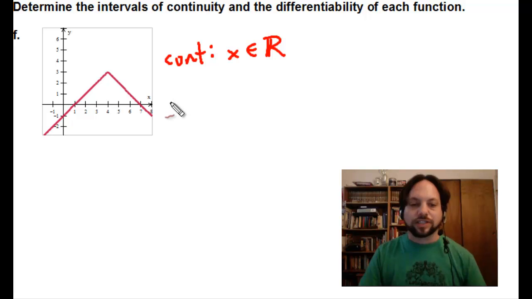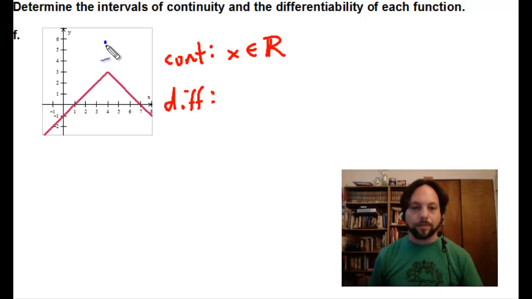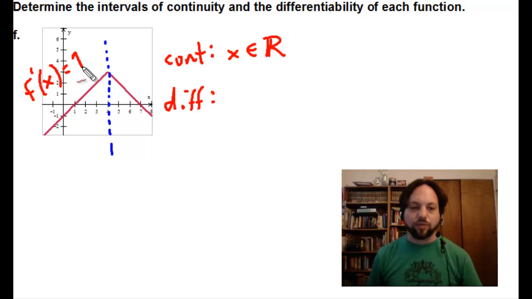However, as far as differentiability is concerned, things might be a little bit different. On the interval from negative infinity up to positive 4, what would be the derivative here? Hopefully it's clear to you that the derivative on this interval is positive 1.